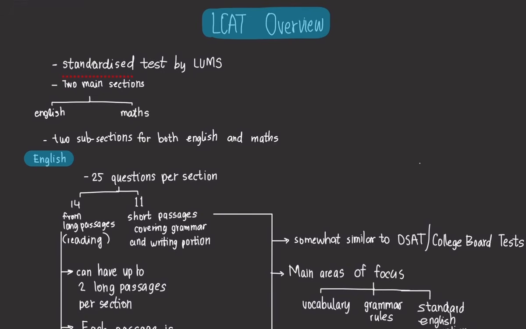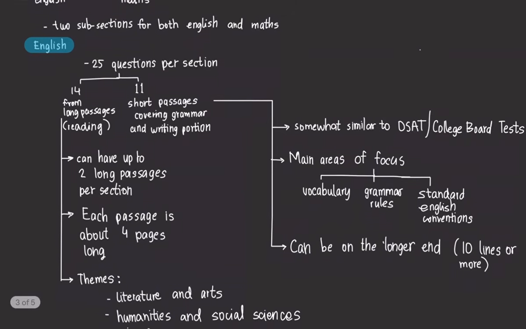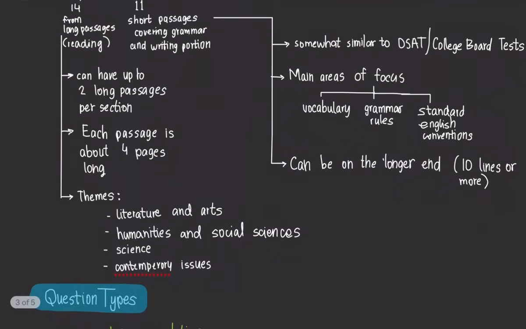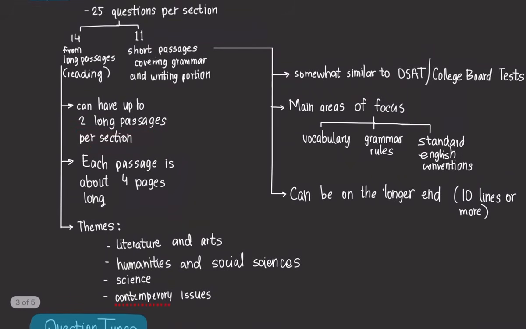So in the English portion, per section, you will have 25 questions. Within the 25 questions, 14 of them would be from long passages. These could include questions about different themes that we're going to discuss, and you can have up to 2 long passages.